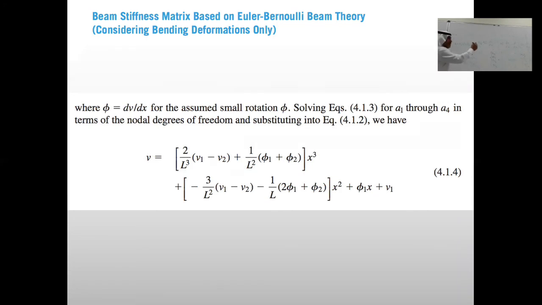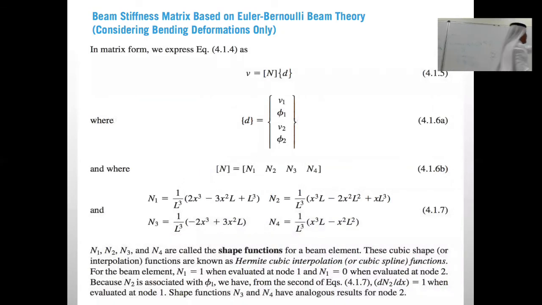N1 equal... 2 over L cubed times X cubed, right? 2 X cubed over... that's it? Yes, it's here. You just gather the terms. Anything that's multiplied by V1 is called N1.